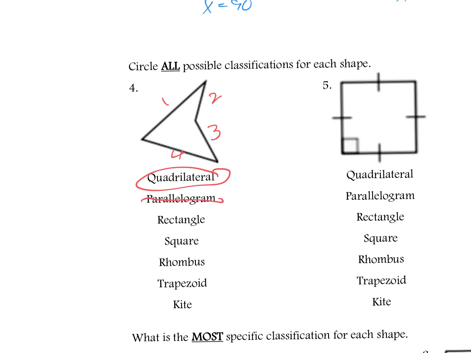Because it's not a parallelogram, I can take off rectangle, square, and rhombus. Is it a trapezoid? One characteristic of a trapezoid is one set of opposite sides is parallel. No. Is it a kite? Nope, it is not a kite. So the most specific and the only classification is a quadrilateral.